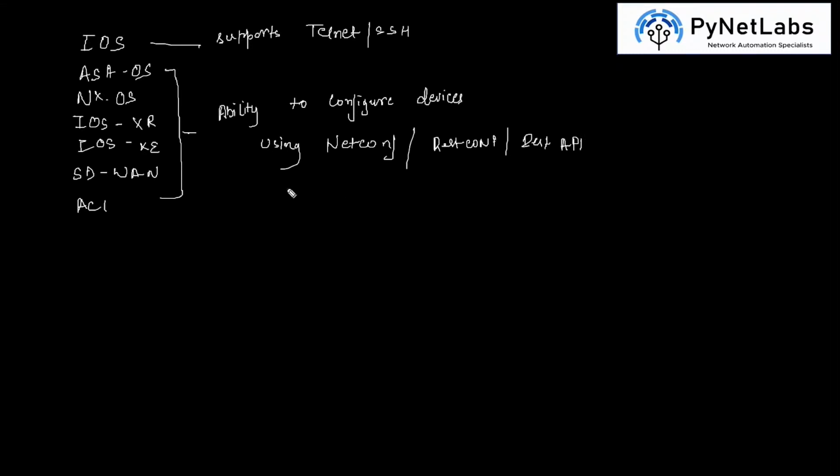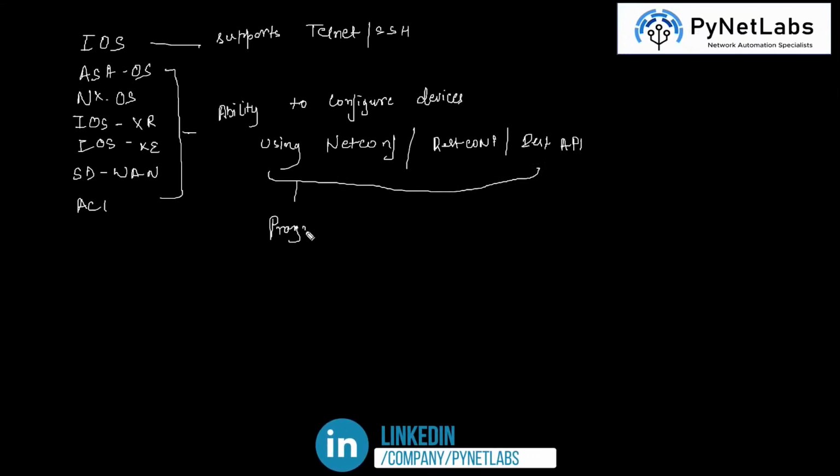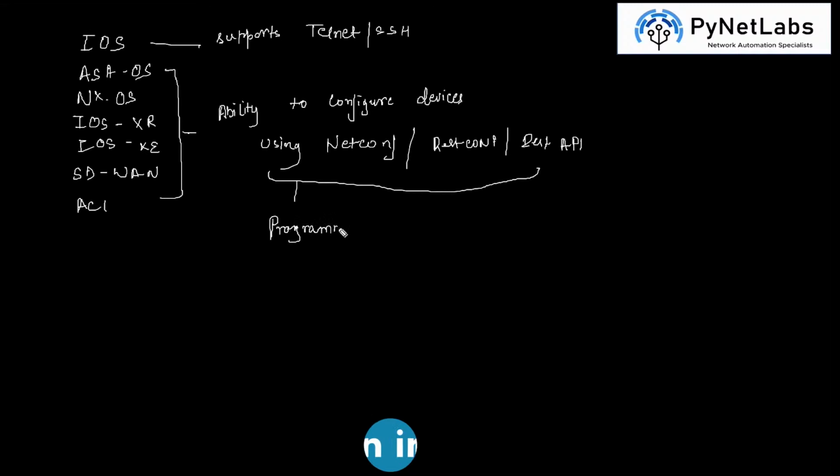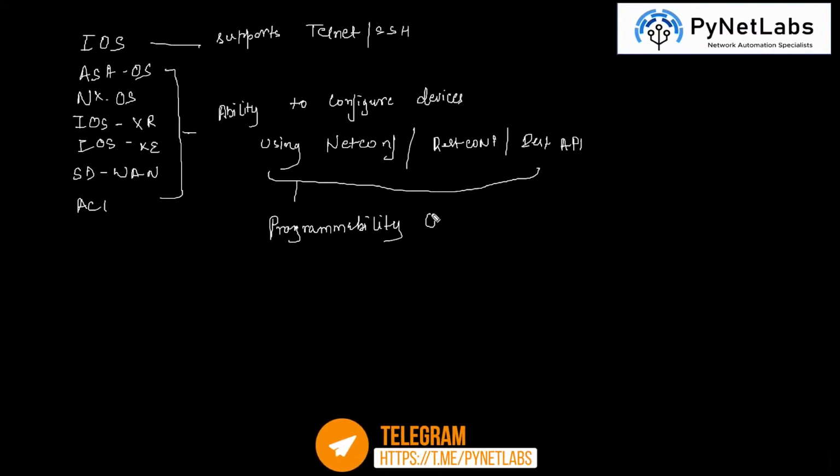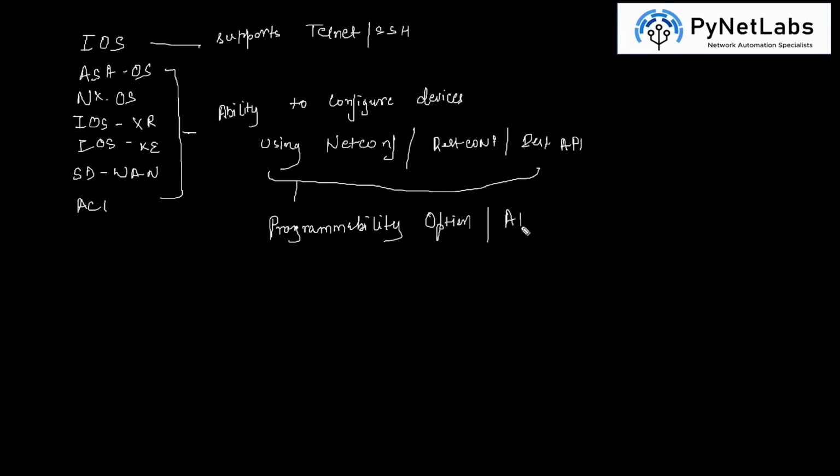These are the available programmability options, or you can say these can be called API, which stands for Application Programmability Interface. And we will understand how they work.